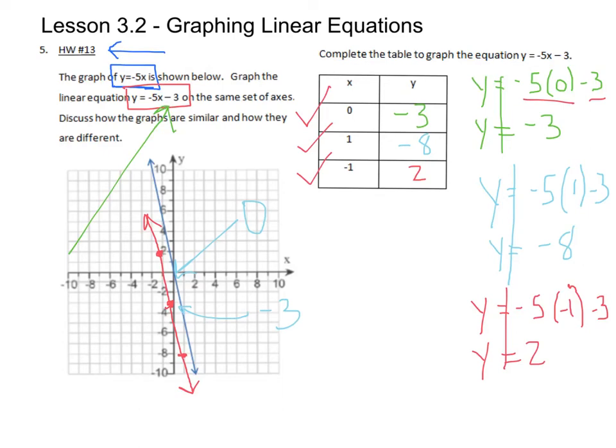That -3 at the end means we're just going to shift it down 3 spots. The fact that our -5s were the same tells us that they're going to have the same angle, or more precisely the same slope. So that was a challenging problem. I'm sure you did very good with it, but that is what we have.